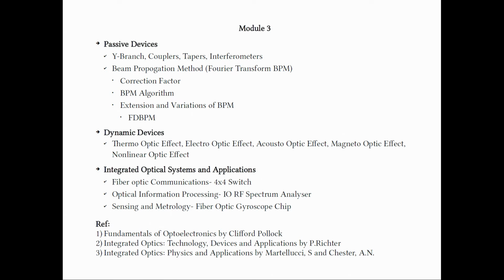There are varieties of beam propagation algorithms in practice, and we have mentioned what is called the Fourier transform BPM, where the spectrum of the input beam is used and each component is propagated separately. The crux of the beam propagation method lies in finding out the correction factor.